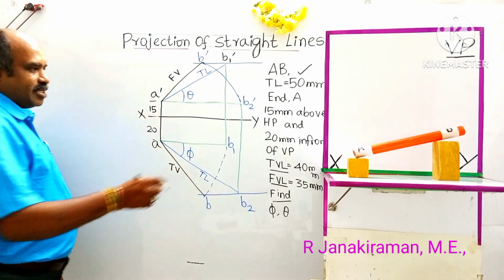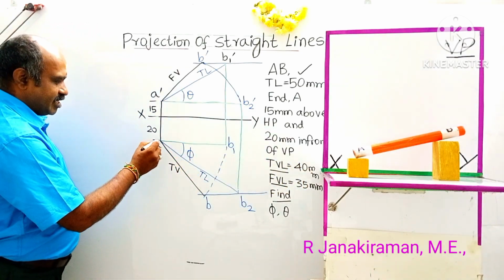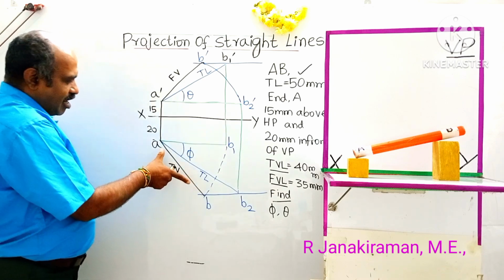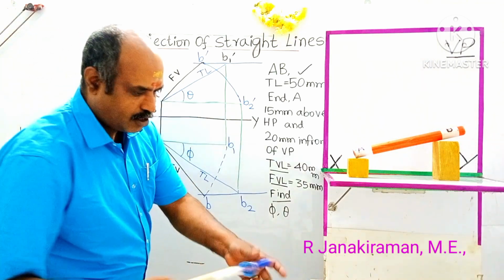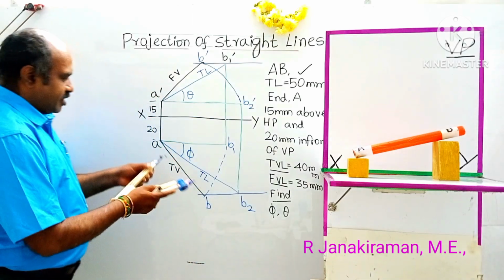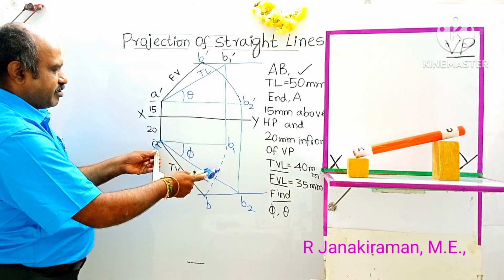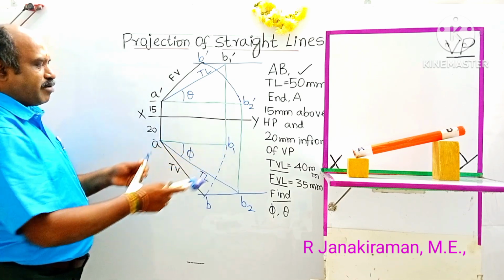Further, you have to know that TVL means top view length. This AB is the top view length. Okay, so take a compass. This arc distance, that is AB, when you draw this arc upward, intersects with B1.